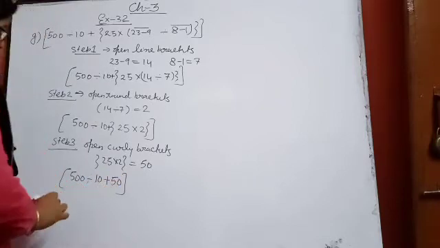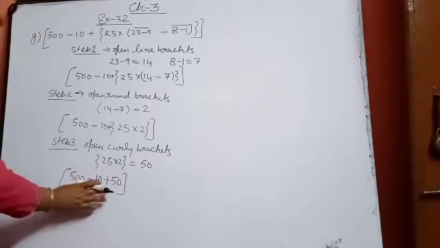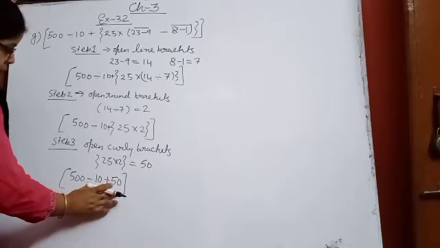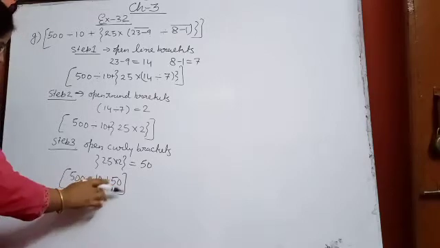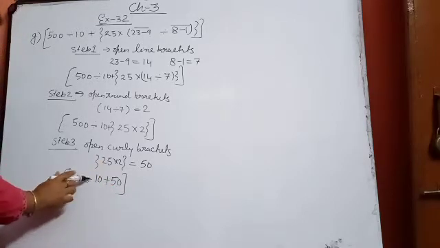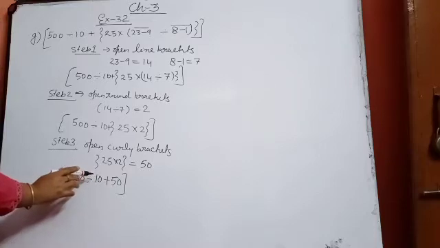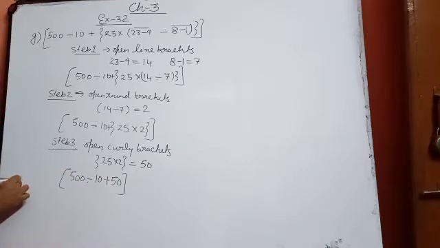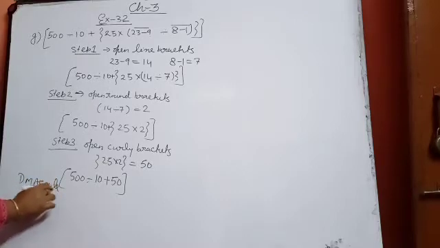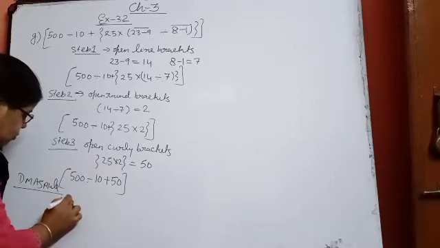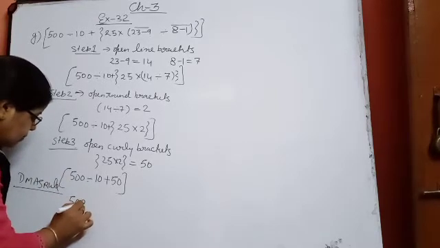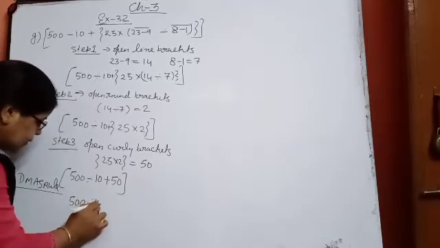Now here what thing do you have inside this big bracket, the square bracket? Divide and plus sign are here. So according to the BODMAS rule, which operation comes first? Divide. So inside the bracket also, first of all you will do 500 divided by 10.